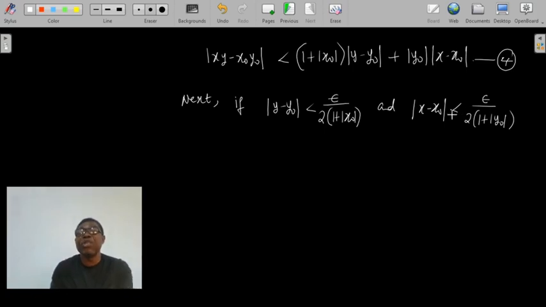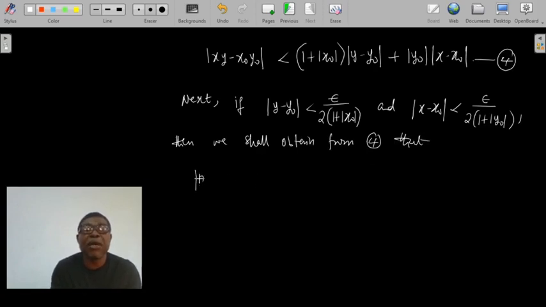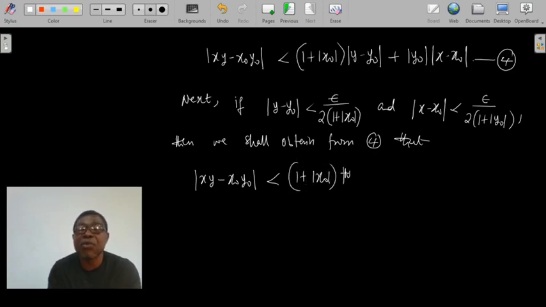If we put this control on the absolute value of y minus y naught and the absolute value of x minus x naught, we shall obtain from 4 that the absolute value of xy minus x naught y naught will be less than 1 plus the absolute value of x naught, then the absolute value of y minus y naught, plus the absolute value of y naught, then the absolute value of x minus x naught.